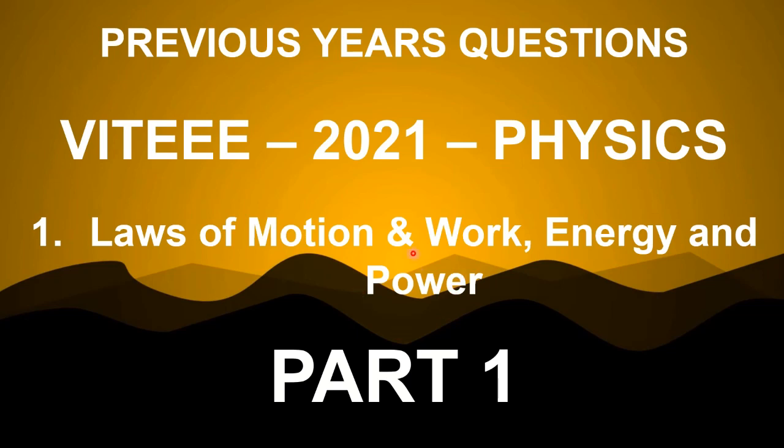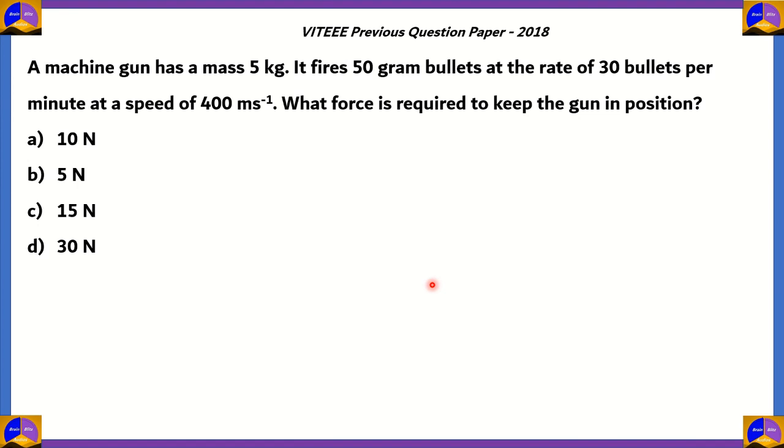This topic is from grade 11 and it is very important in the syllabus for VITEEE 2021 for the subject physics. We're going to be looking at some questions from previous years with respect to this particular topic. So let's begin.